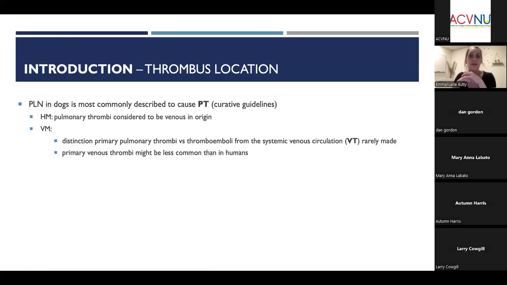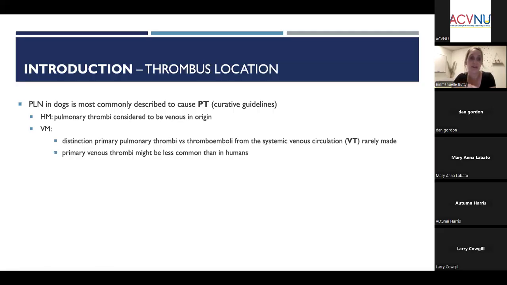And so regarding the thrombus location, PLN dogs are most commonly described to develop a pulmonary thromboembolism, described in the curative guidelines. In human medicine, we know that the pulmonary thrombi are considered to be venous in origin. In the veterinary medicine world, we don't really have this distinction between primary pulmonary thrombi and thromboemboli from the systemic venous circulation.